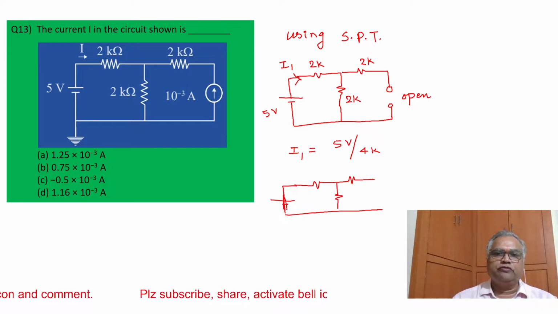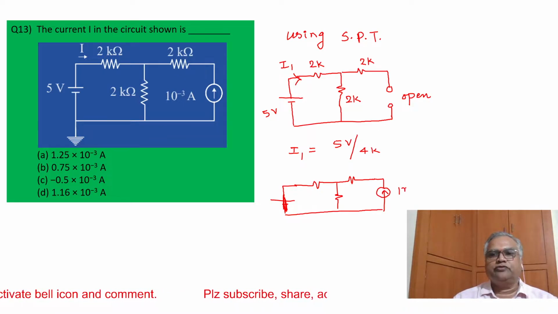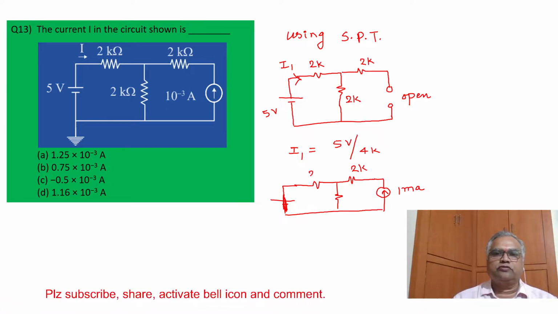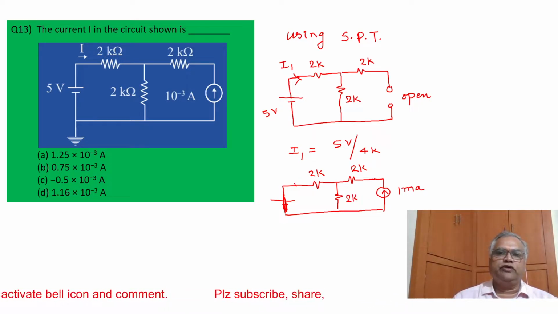Now when the other source is present, this voltage source is shorted. Now we have only a current source of 1 milliamp. This is 2K, 2K, and the current will flow this way.